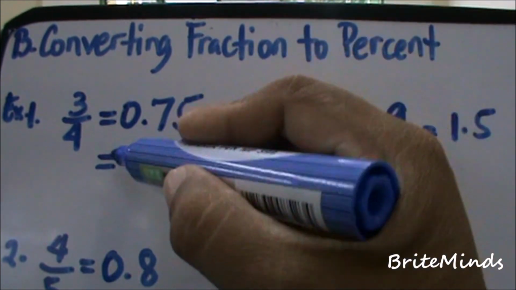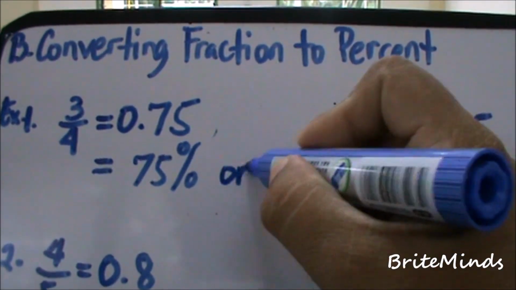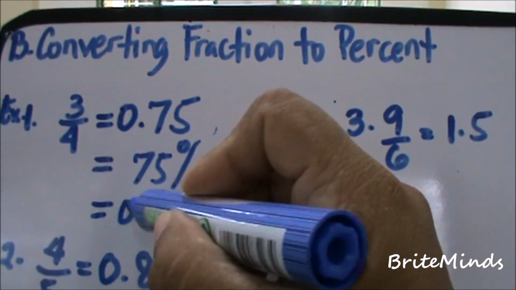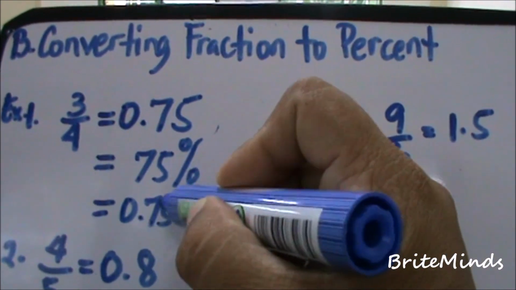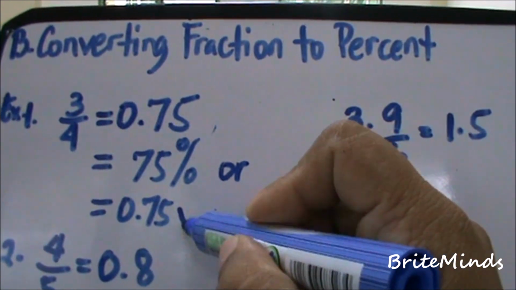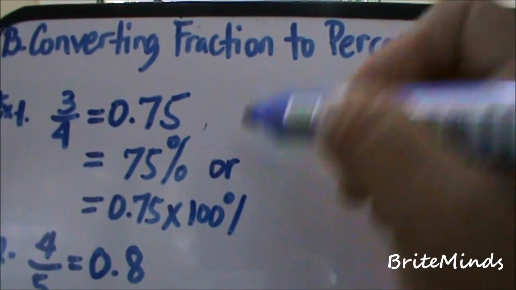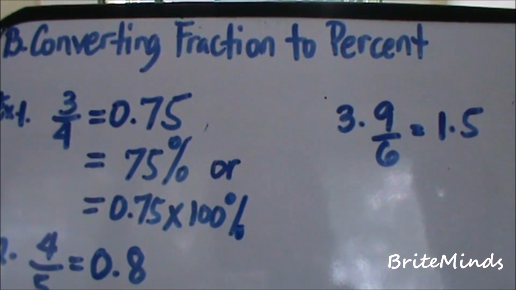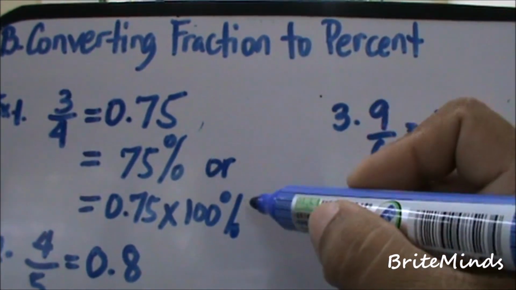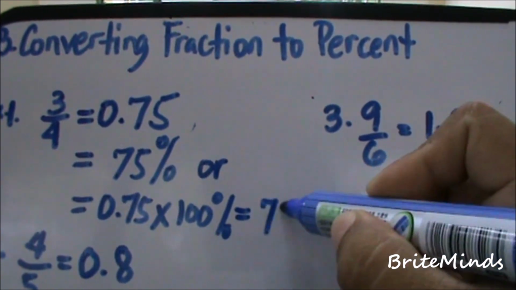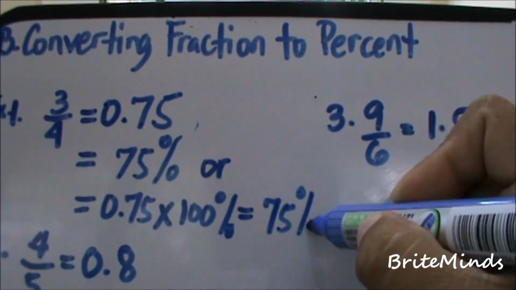We simply do 0.75, then multiply by 100%, then it will come up with the same result, 75%.